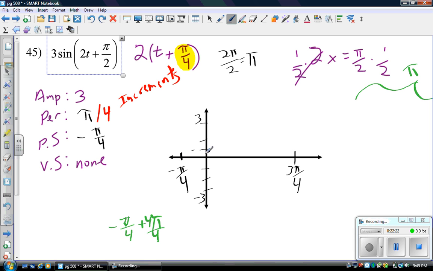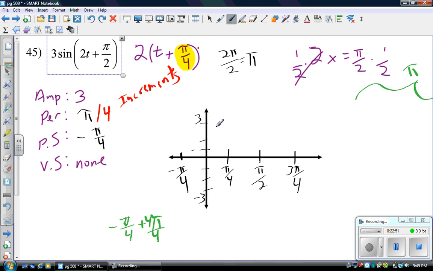That's going to be another increment. Add another pi over 4. You'd be at 1 pi over 4. Add another pi over 4. You'd be at 2 pi over 4, or pi over 2. And just as a check, add another, again, that was 2/4, plus 1/4. Hey, 3/4. Perfect. So there's our 4 even increments. 1, 2, 3, 4. Perfect.